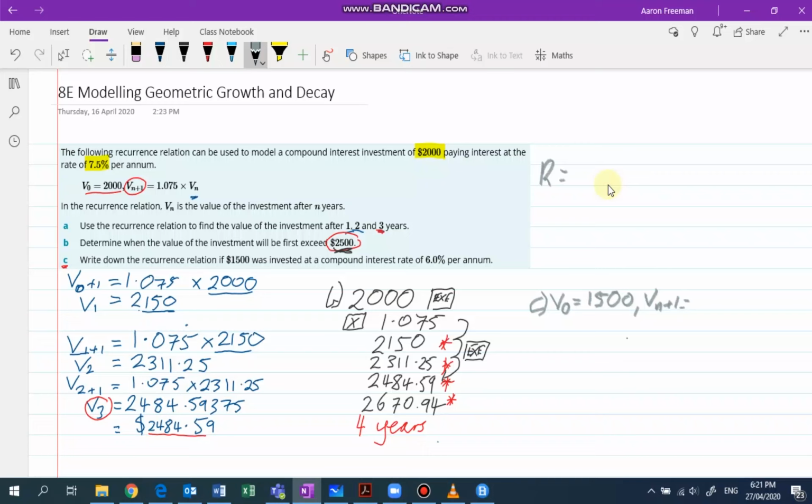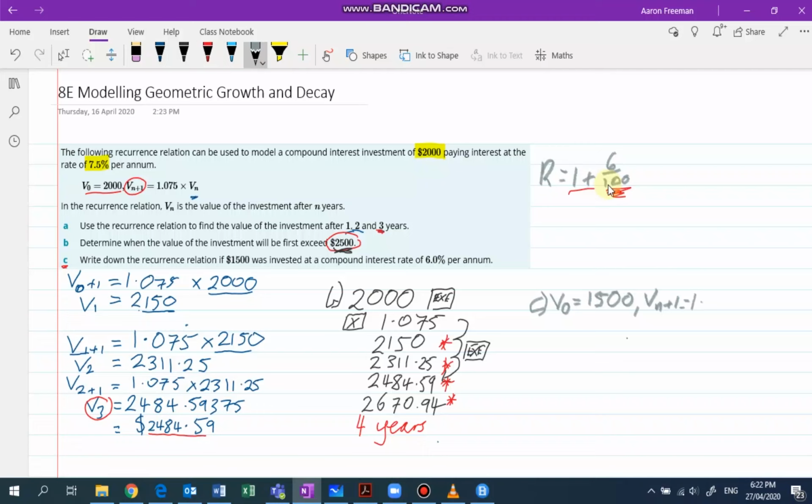So R is equal to 1 plus 6, that little r, over 100. Okay, it's important to note that the 1 plus is showing an increase. So whenever we multiply anything by 1, it's going to keep that original value, and then the 6 over 100 is going to add the 6% to it. Without that 1 plus, we'd actually end up with values that are less, which for an investment is not ideal.